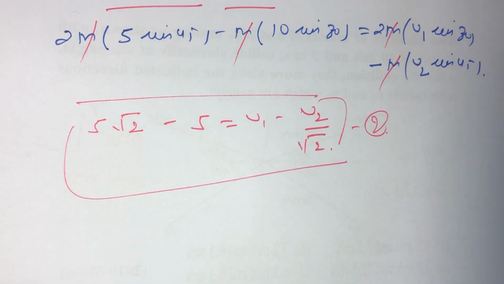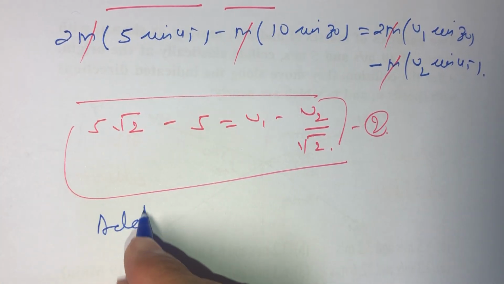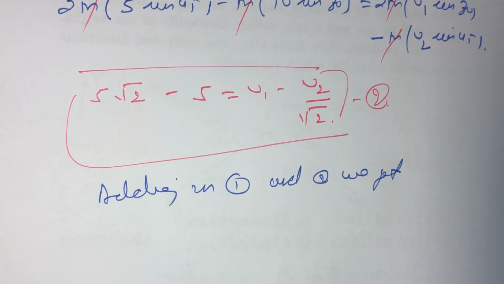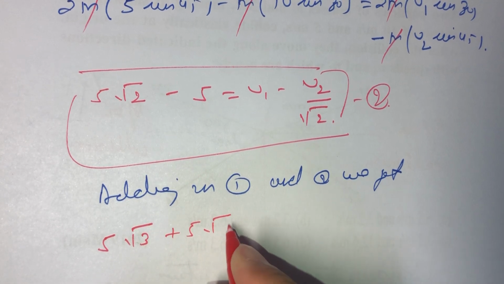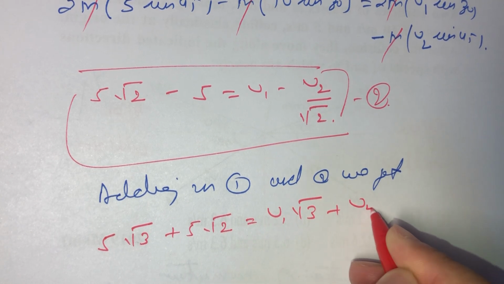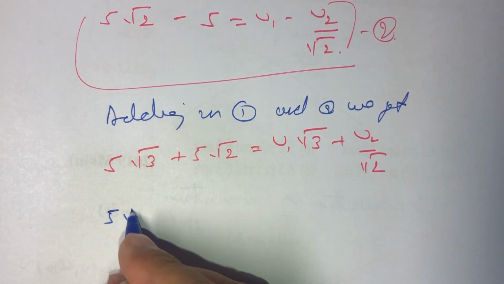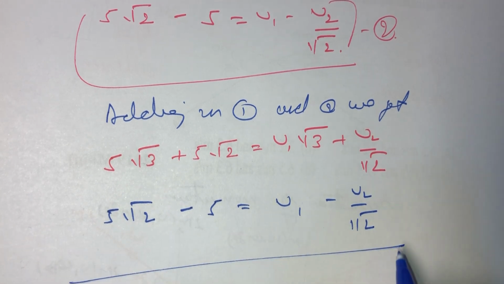Now adding equation 1 and 2. Equation 1 was 5 root 3 plus 5 root 2 is equal to v1 root 3 plus v2 root 2, and equation 2 is 5 root 2 minus 5 is equal to v1 minus v2 divided by root 2.